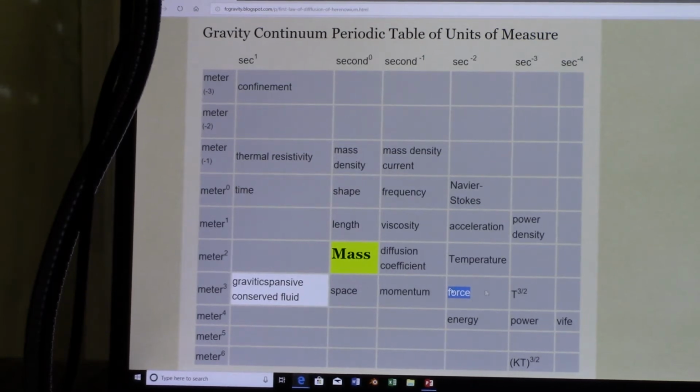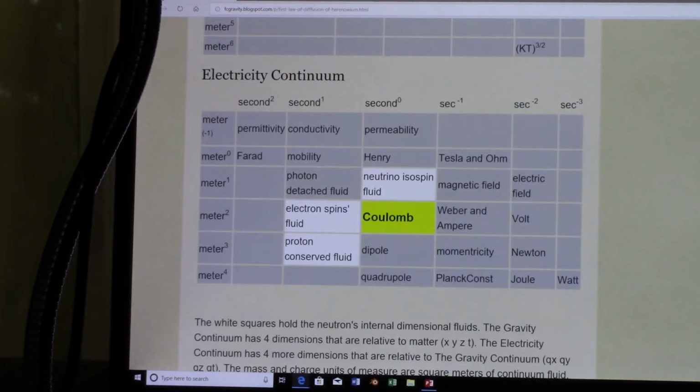So using that definition, we look at electricity in ohms. And for that, the 8-dimensional physics comes in handy. We go right to the electricity continuum, and the horizontal scale, once again, is the second powers, and the vertical is the distance in the electricity continuum. So we see here now the Coulomb is square meters because of the force equation.